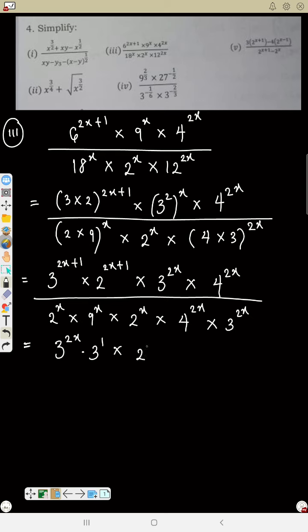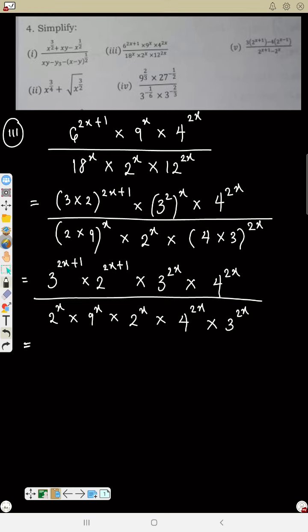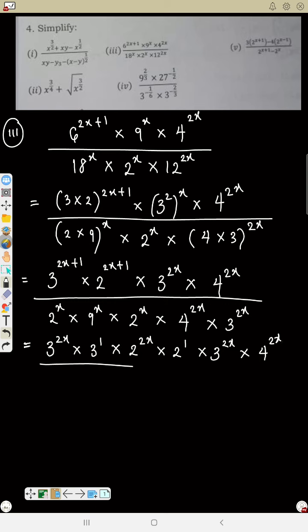Times 2 raised to power 2x times 2. So let me use times so you can understand what I'm doing. 3 raised to power 2x times 3 raised to power 1 times 2 raised to power 2x times 2 raised to power 1 times 3 raised to power 2x times 4 raised to power 2x.